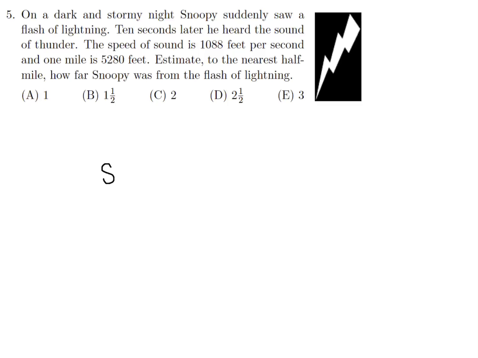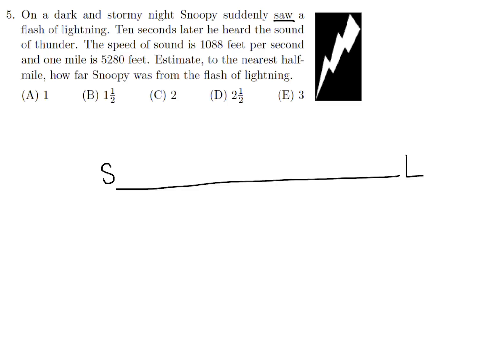So here is Snoopy, and somewhere far away is this lightning. And he initially hears it, but it's a 10-second delay, right? And you guys have experienced this in your own life where you see something and then a little bit later you hear it.